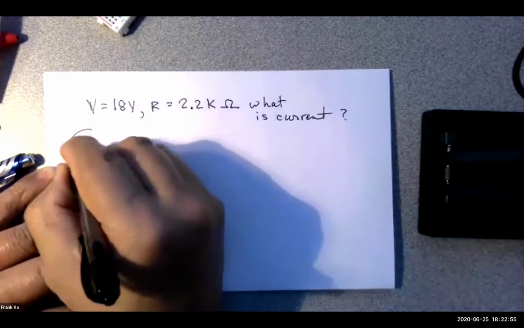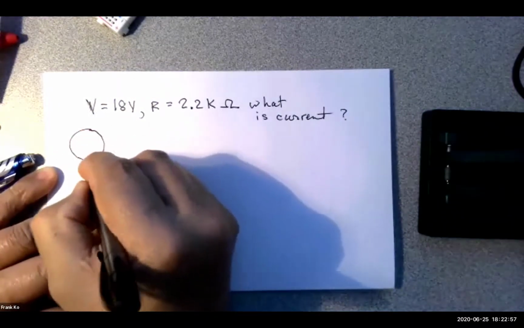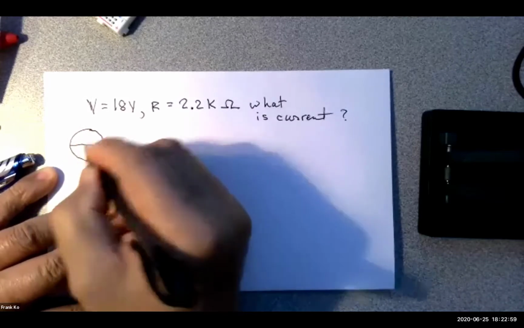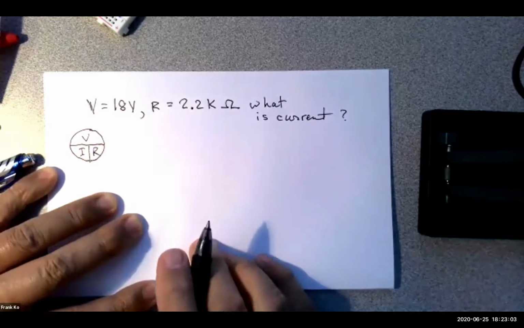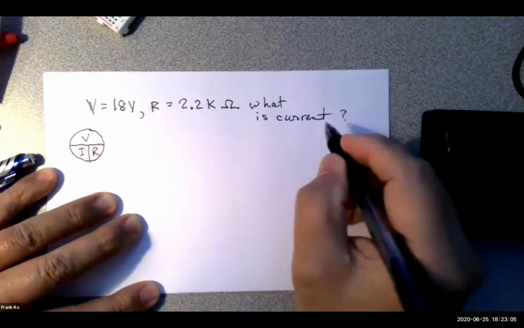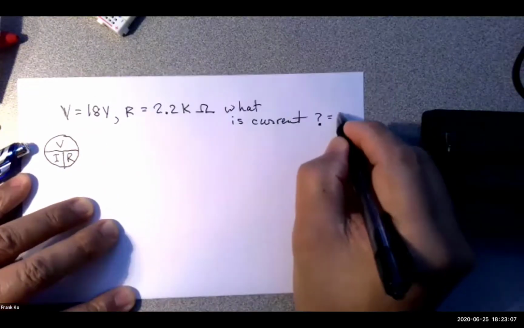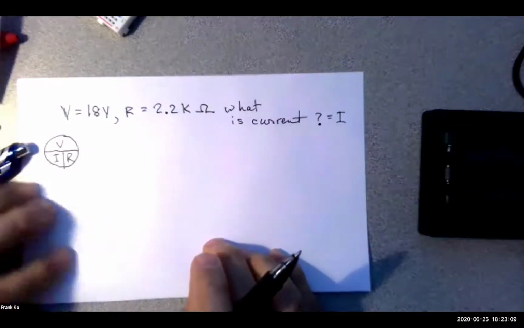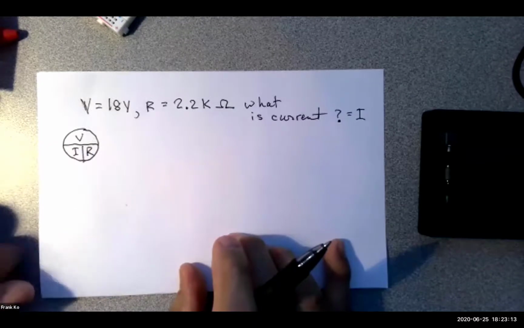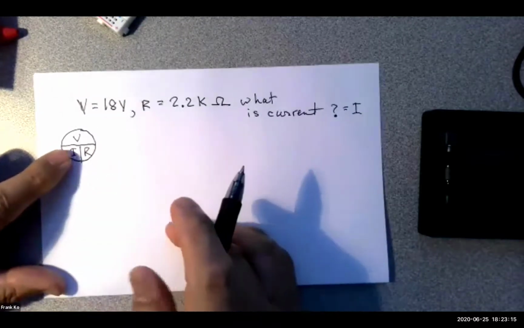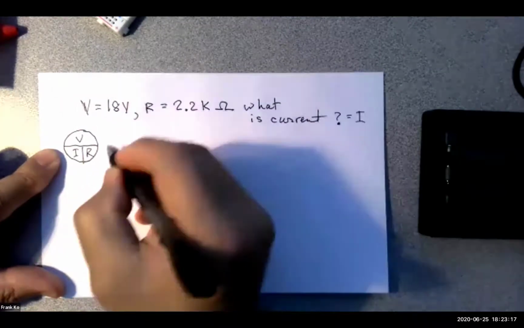So if you recall, in Ohm's law, you have V, I, and R. Current is the symbol I, so what we need to do in this illustration is cover up the letter I, and that shows you the relationship between the 2 remaining quantities.